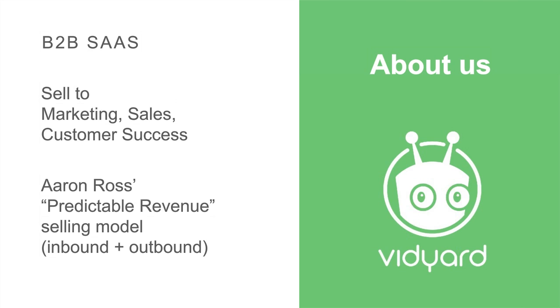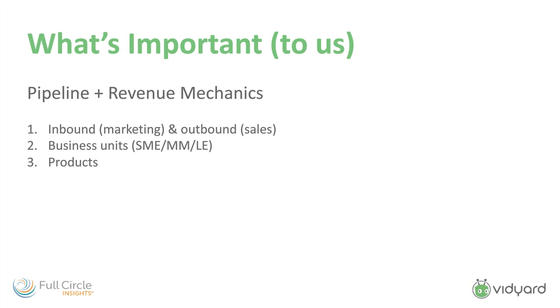So before we get into specific metrics, I want to talk about what's important to us. What we really care about understanding is the mechanics around our pipeline and revenue generation. And we like to break that up by a variety of different points. But on the screen, I've got 3 different points that are probably the most important to us. So looking at it from an inbound and outbound marketing and sales perspective.